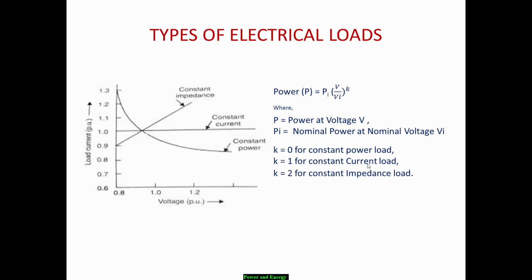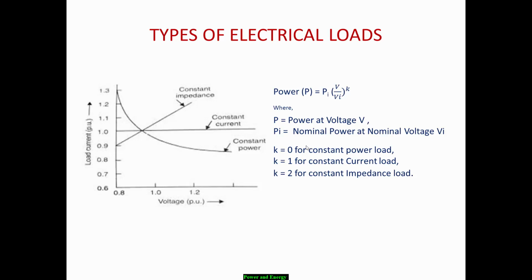Then for constant current load, K value becomes 1, that means your power at voltage V is Pi times V by Vi. Then for constant impedance load, K is 2, that means your power at voltage V is Pi times (V by Vi) squared.